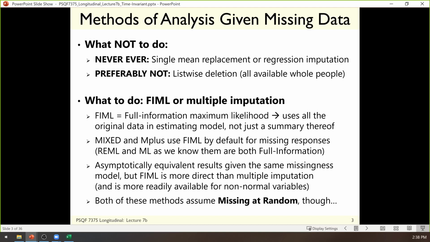So full information maximum likelihood is what we've been doing this whole semester. The term full information means that the likelihood function operates on each individual data point. So in these models, the algorithm searches for the right answers for all of the random effect variances and residual variances and all the variance model parameters. And once it has those answers, it gets the fixed effects.